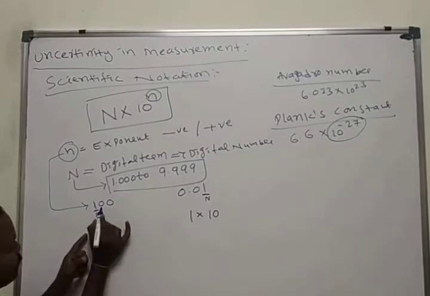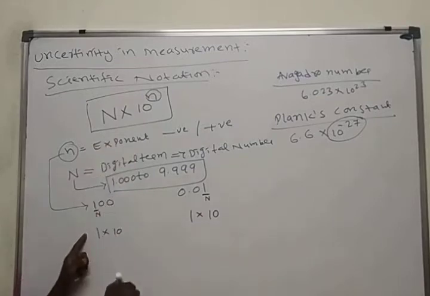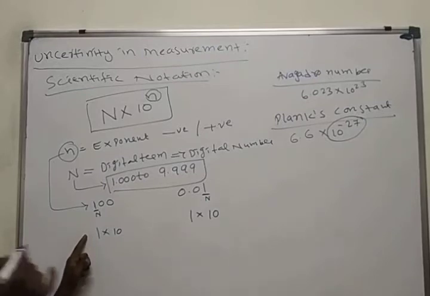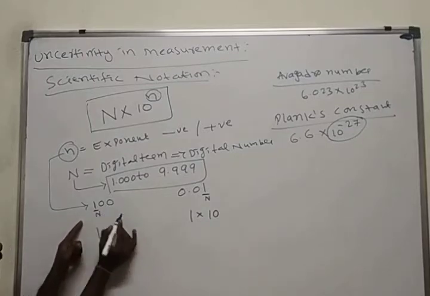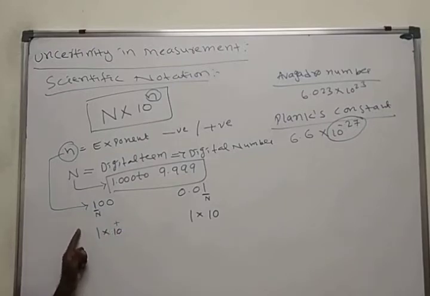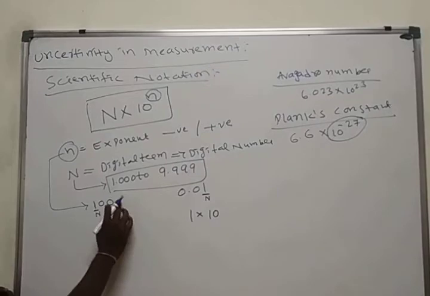Here, two zeros are present after the number, so the exponent should be positive. That means n should be positive when zeros are present after the number. How many zeros are there? Two zeros are there.